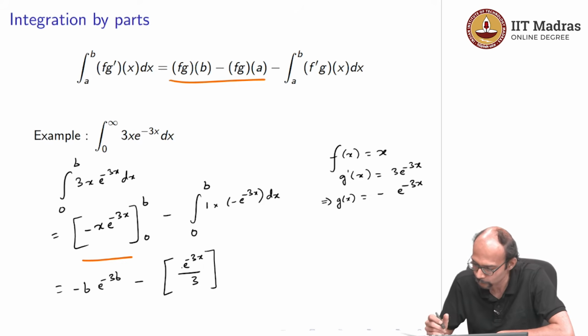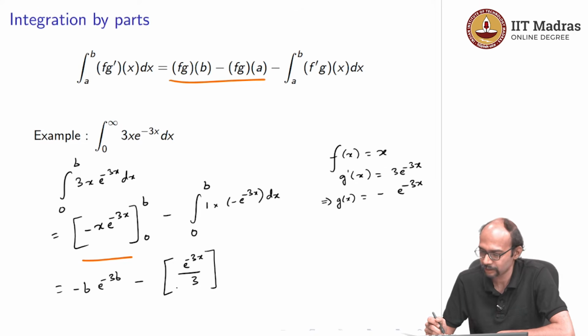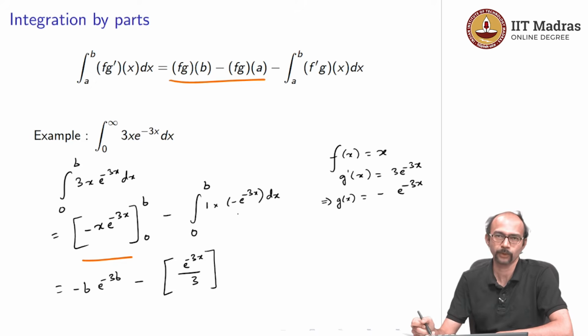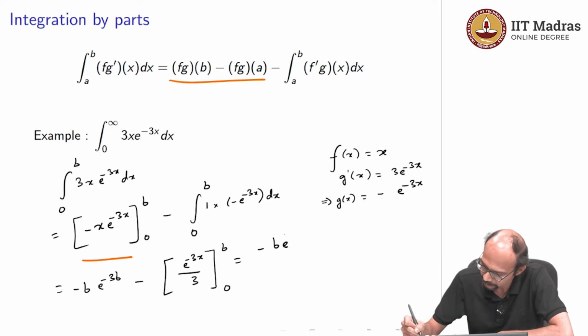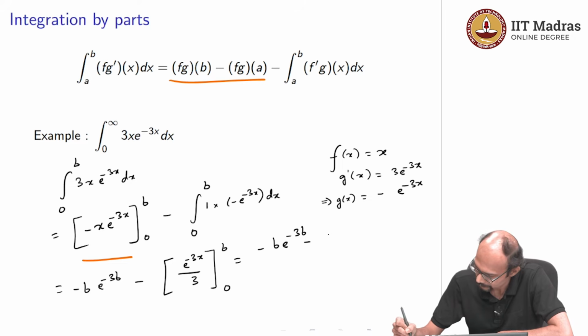If you differentiate this function, e to the power minus 3x by 3, you get minus 3 times e to the power minus 3x divided by 3, so you get minus e to the power minus 3x, which is exactly what we have here. Now, I want to evaluate this from 0 to b. The net result is minus b times e to the power minus 3b minus e to the power minus 3b by 3.